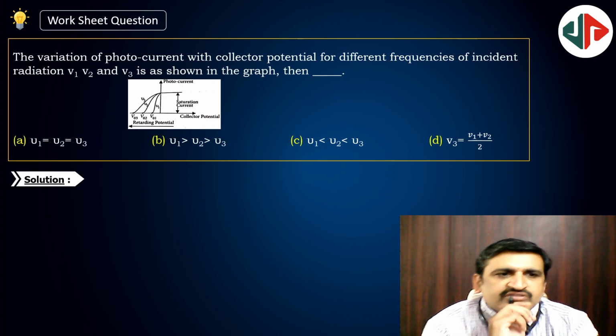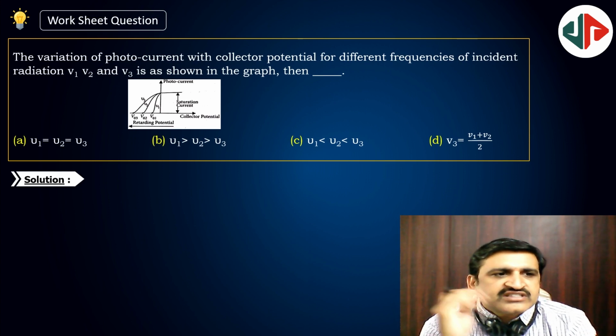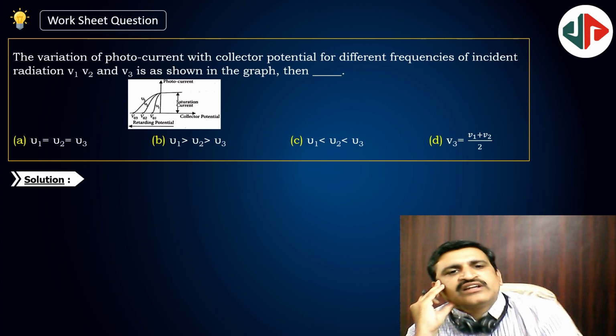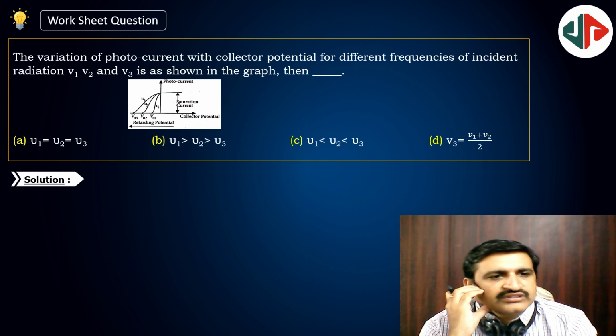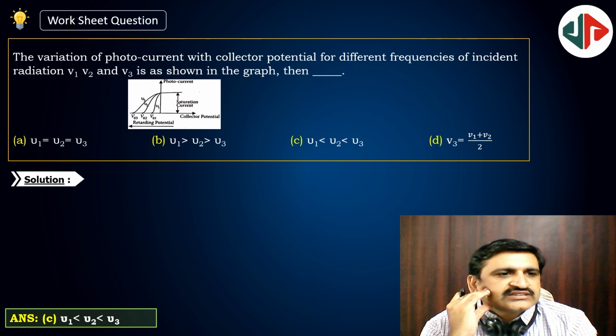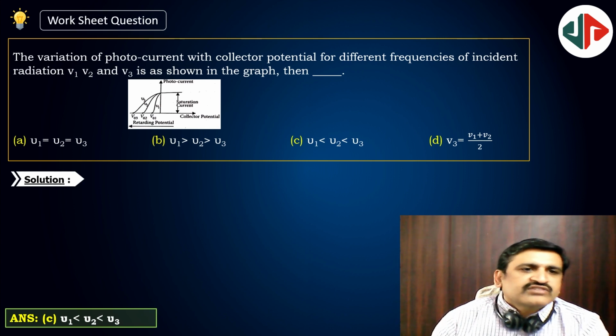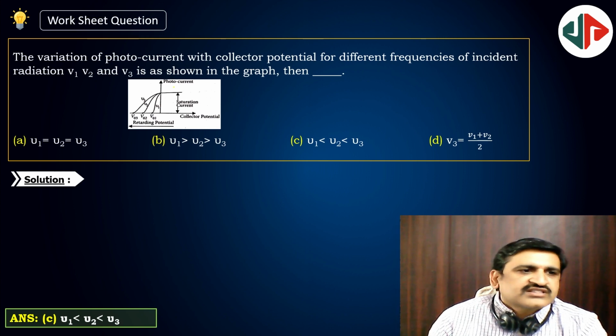The variation of photocurrent with collector potential for different frequencies of incident radiation nu1, nu2 and nu3 is shown in the figure. These are all frequencies.